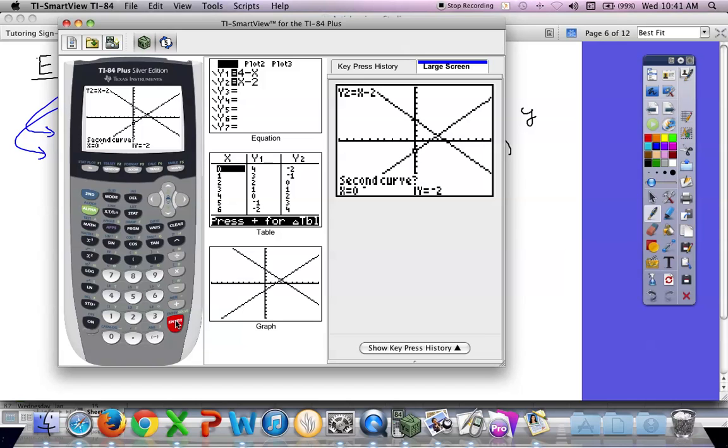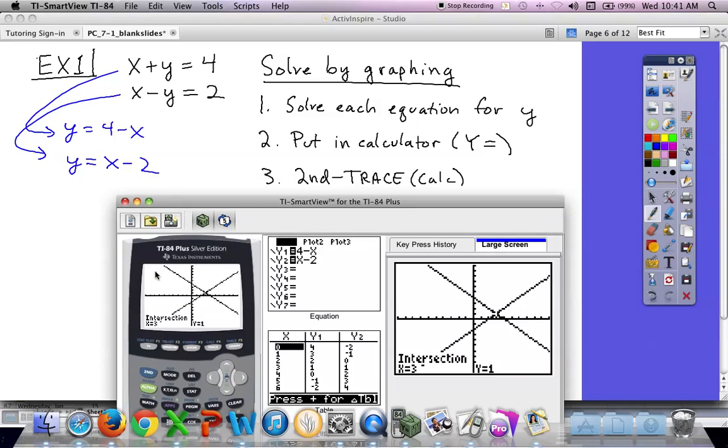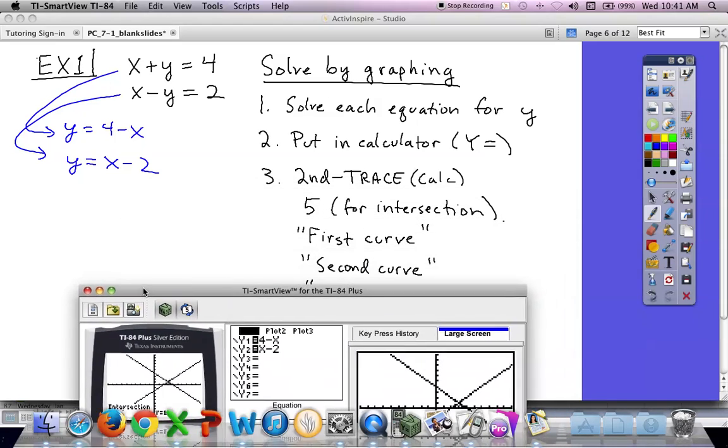And then it jumps down to the other graph, it's blinking on that, and it's saying second curve. If we're happy with that, we say enter. And when it says guess, say sure, go ahead, guess. And it should pop right to the intersection point, 3, 1. Right? So those are the steps for solving it that way.